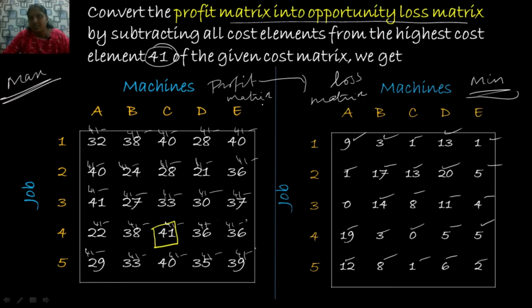That's why we convert this profit matrix to a loss matrix, and then we use the Hungarian method to proceed further. If we have to use the Hungarian method, there are 2 things we have to check initially: first, whether the given function is maximization, and second, whether it is balanced or unbalanced. If it is balanced, then we go directly to step 1 of the Hungarian method.